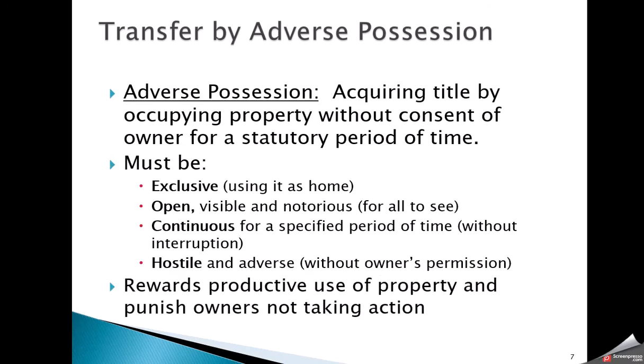Adverse possession is, again, a very unique scenario. It makes me think of the old Wild West times. But you can acquire title to a property by occupying it over a statutory period of time, and that statutory period of time is set by the state. The key is it has to be open, exclusive, and continuous, and without the owner's permission.